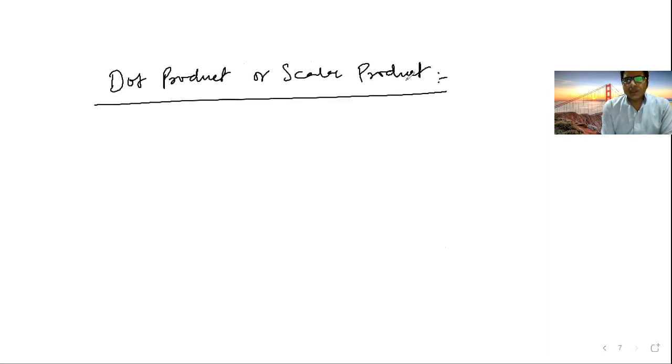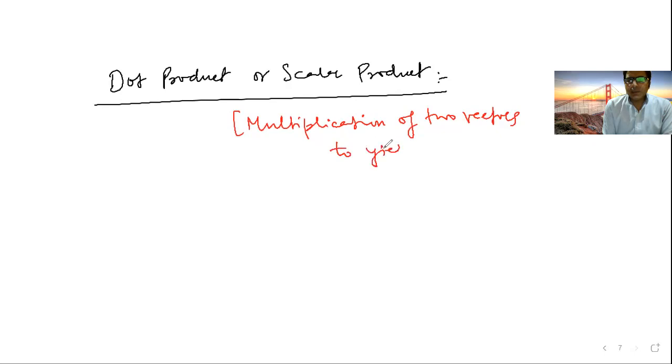Multiplication of two vectors to yield a scalar. So in vectors, we define an operation called dot product. We call it also scalar product because the resultant quantity is a scalar. Here we multiply two vectors and we get a scalar as our product.